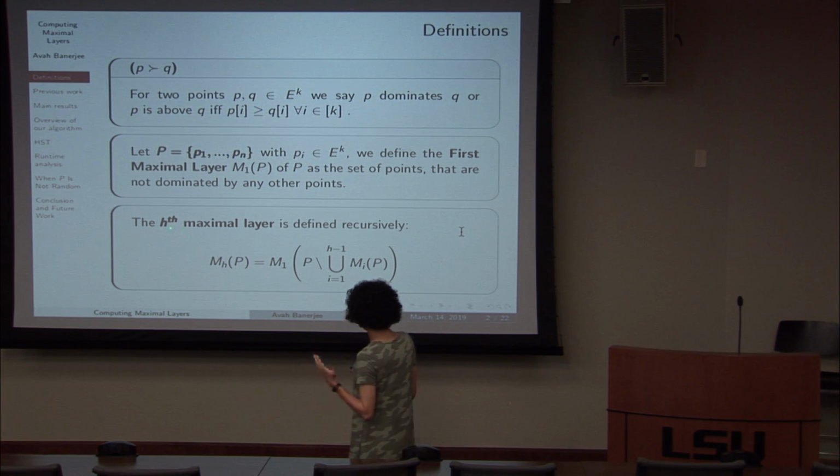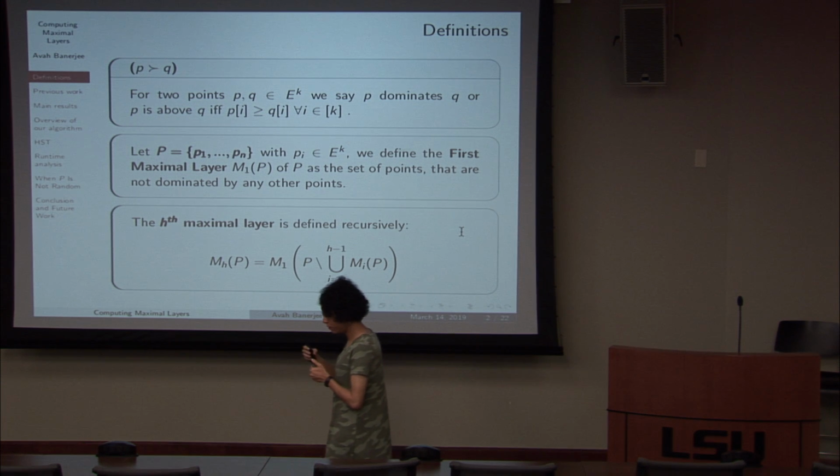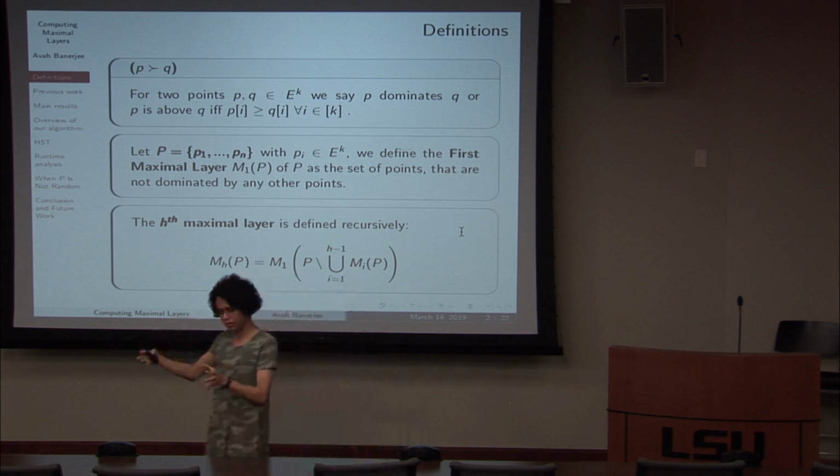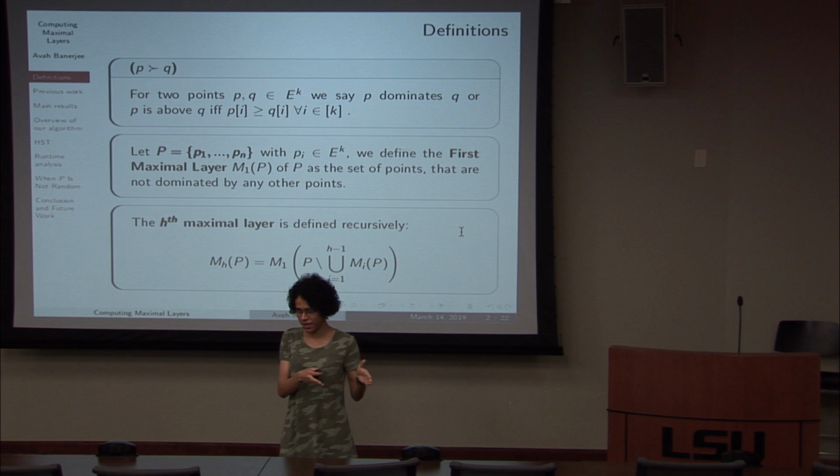And the h-th maximal layer is defined recursively. To define the h-th maximal layer, you remove the first h minus 1 layers, you're left with a subset of points, and the first maximal layer on that subset of points is the h-th maximal layer of the entire set.